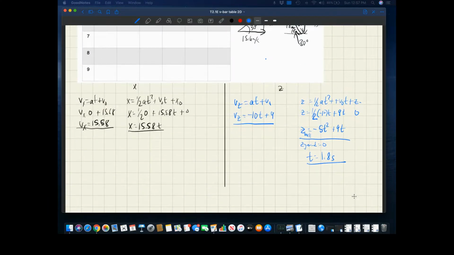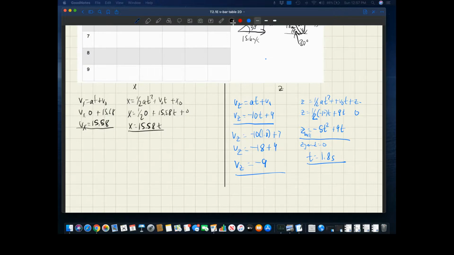That's great. Well, we could take that 1.8 and put it in here. Vz equals minus 10 times 1.8 plus 9. So Vz equals minus 18 plus 9. Vz equals minus 9 when it hits the ground, which is exactly what we predicted from our conceptual understanding.